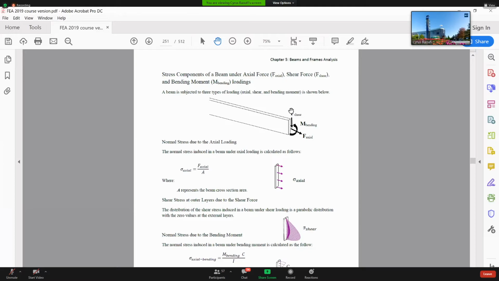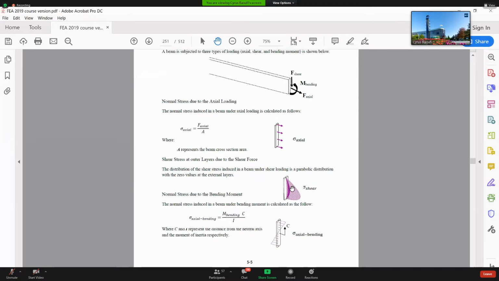When you have transverse shear or shear force, if you go back to the strength of materials course, the shear stress, which typically we call tau, has a distribution based on the equation that we have, which is I think VQ divided by IT, something like that in the textbook. If you look at that, the distribution is not linear and is not constant. It means that the shear at the outer layer is 0, and at the center of area or neutral layer it is maximum.